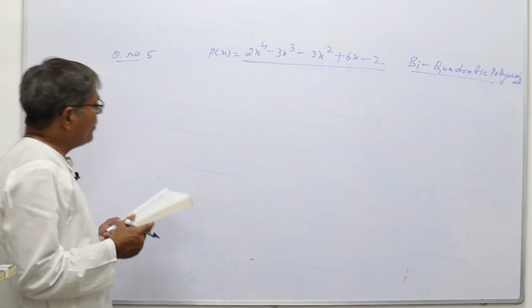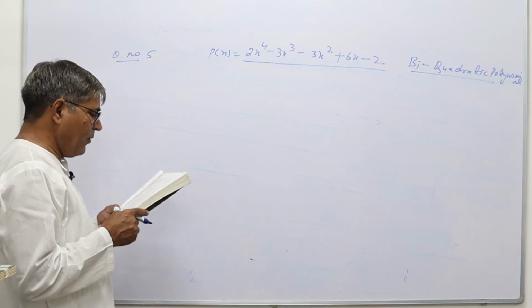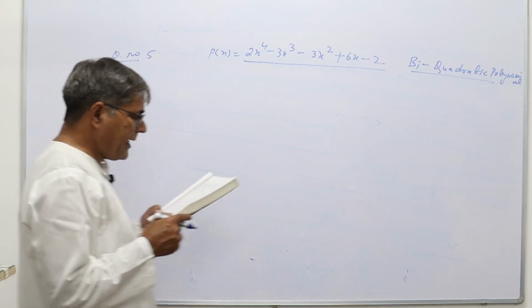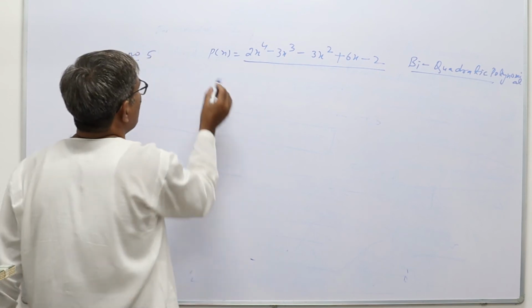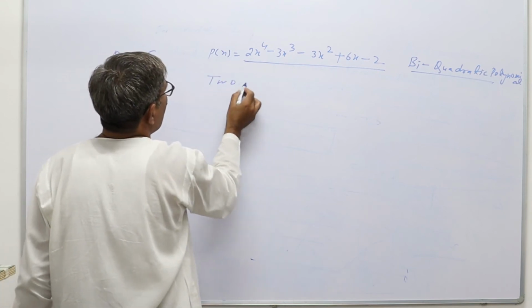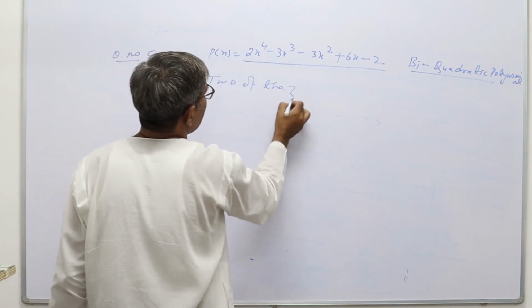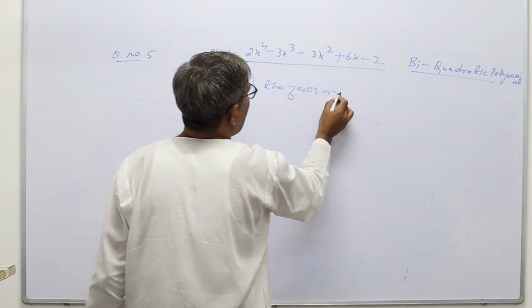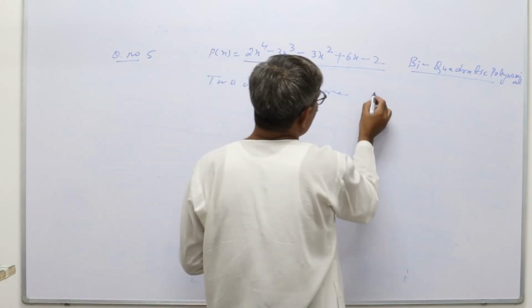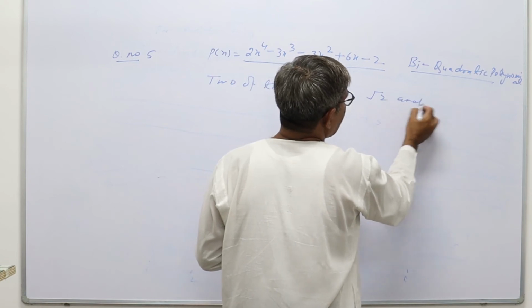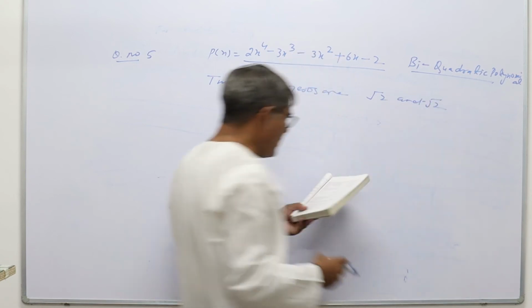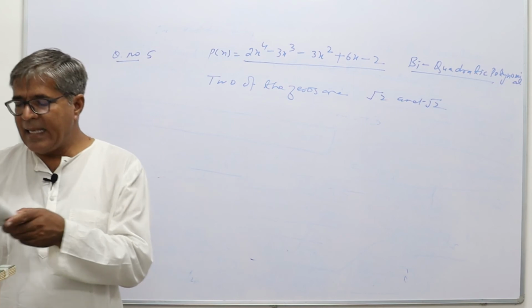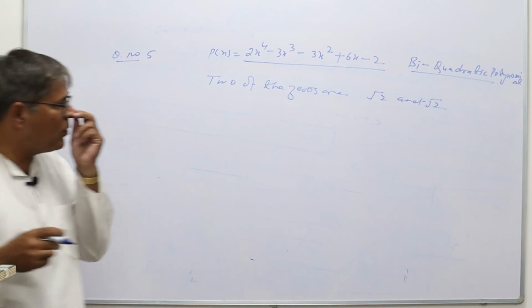Find all the zeros of this biquadratic polynomial if you know that two of the zeros are root 2 and minus root 2. One zero is root 2 and another zero is minus root 2.